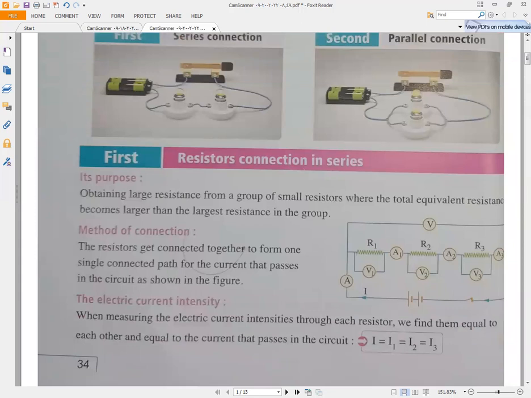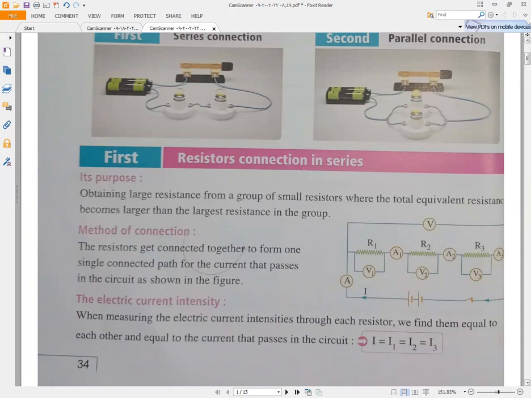What about the reading of the ammeter and the voltmeter of H1? The reading of the ammeter will be the same. Why? Because they are on the same route, connected in series.